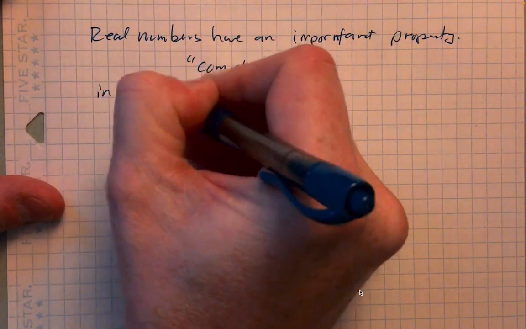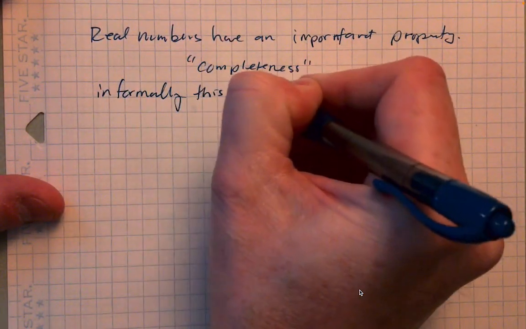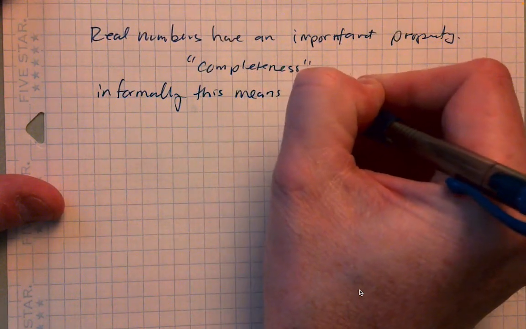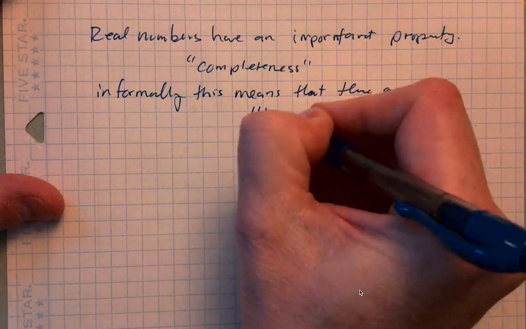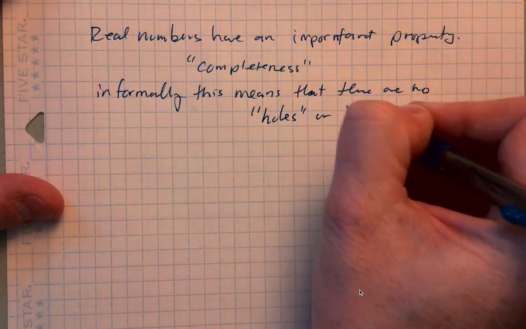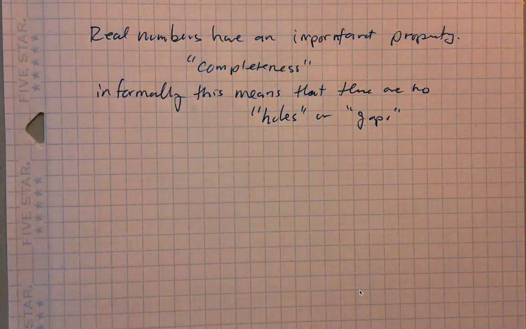Informally, this means that there are no holes or gaps. So the rational numbers, for example, are not complete.